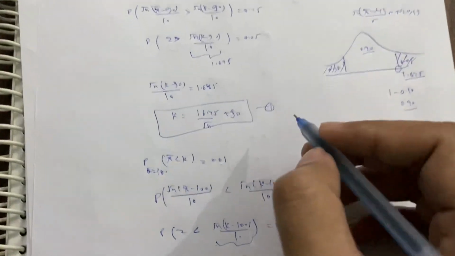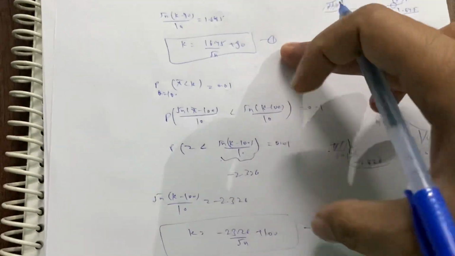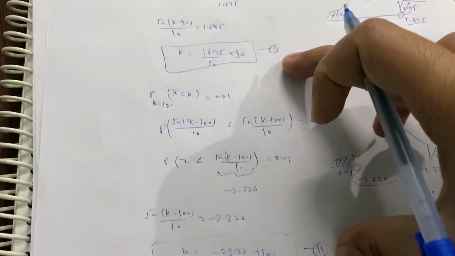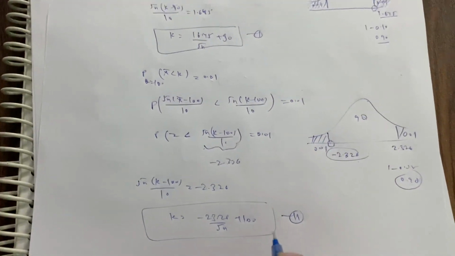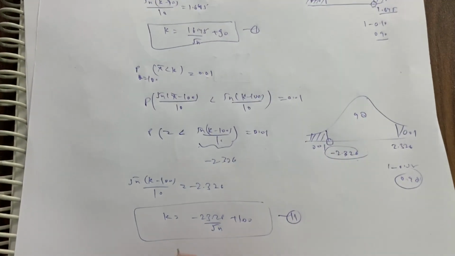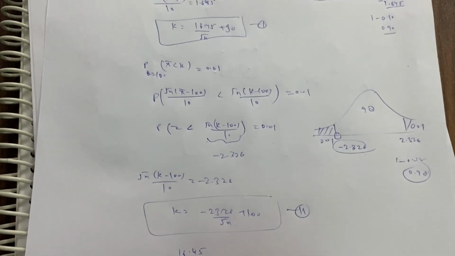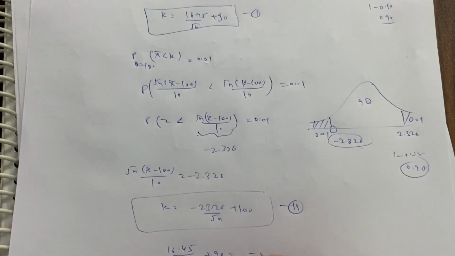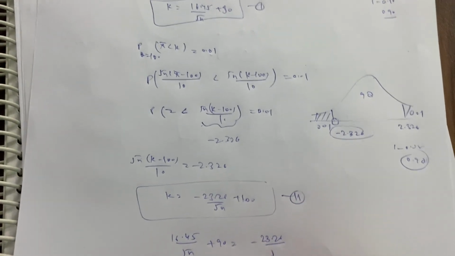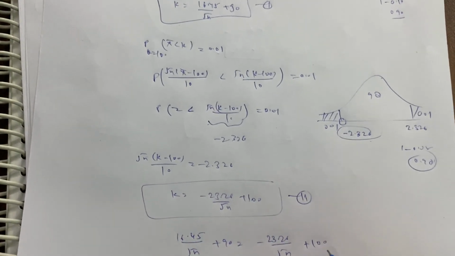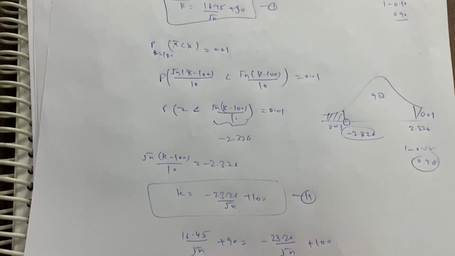So we have two equations. Now equate these equations and find the value of root n, and then n. So 16.45 by root n plus 90 is equal to minus 23.26 by root n plus 100. Now 100 minus 90 is equal to 10.